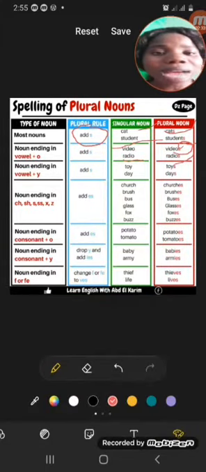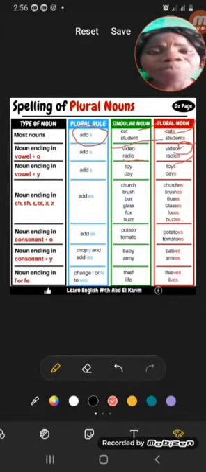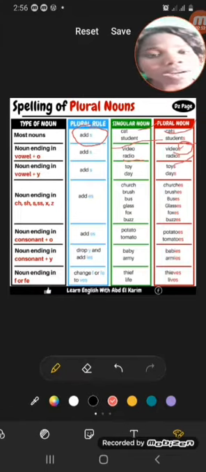But there are some nouns that we add ES to make their plural nouns. Like mango. What is the plural of mango? The plural of mango is mangoes. We add ES.